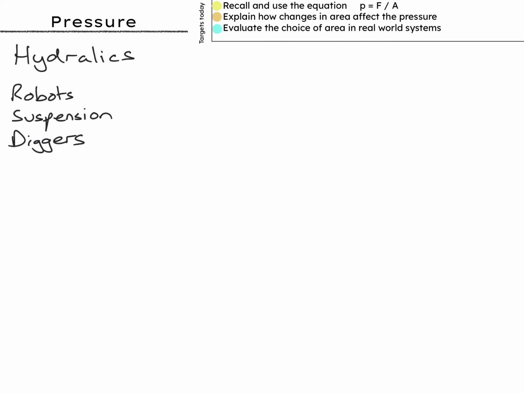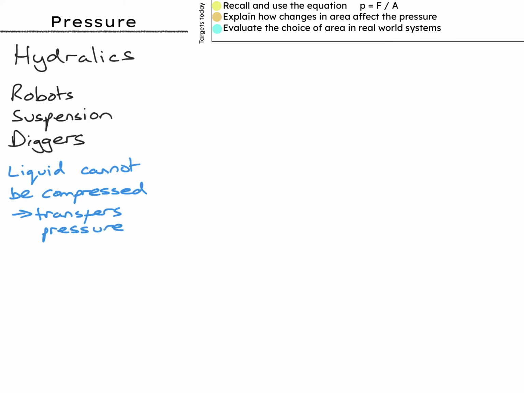They work by using the fact that liquid cannot be compressed. So, if you put one area of a liquid under high pressure, that pressure will pass through into all parts of the liquid. It works best with oils, which have these massive long molecules that prevent squashing, but at GCSE we'll assume it works just fine with water too.